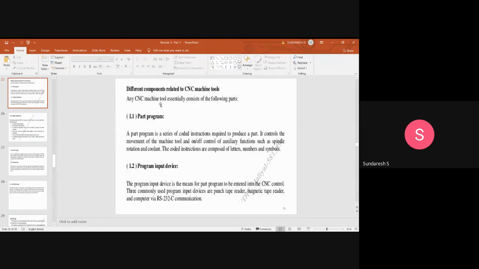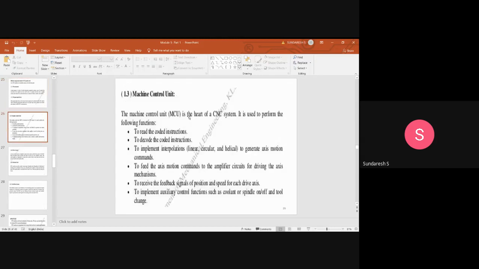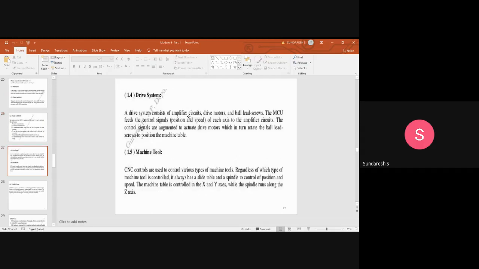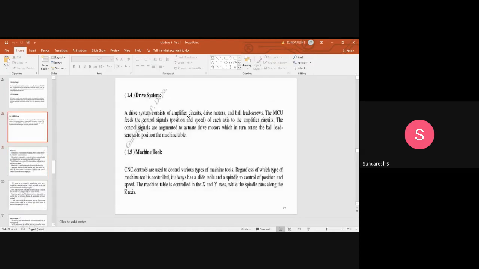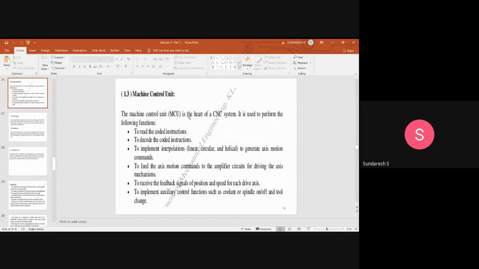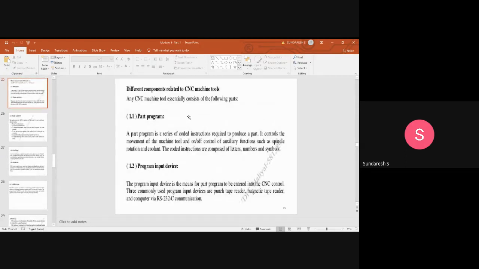The most important parts of a CNC machine are: first, the part program; second, the program input device; third, the machine control unit; fourth, the drive system; fifth, the machine tool; and sixth, the feedback system. So these are the most important parts or elements of a CNC machine tool.